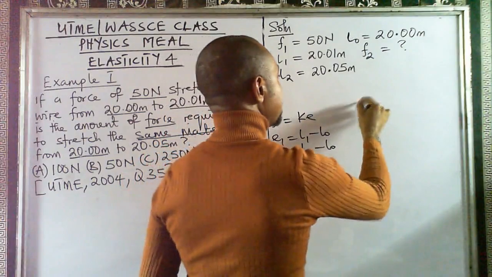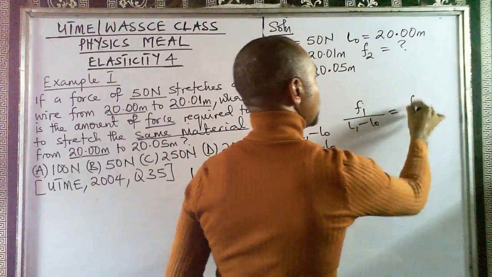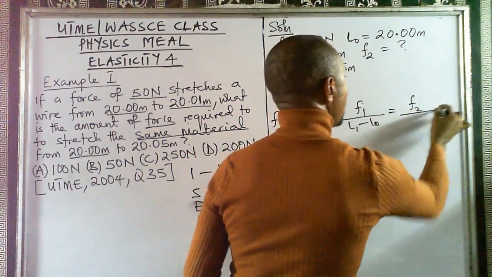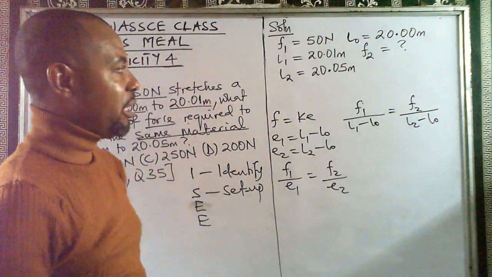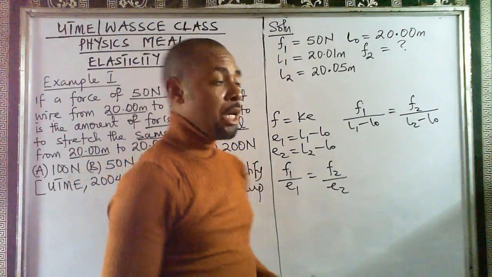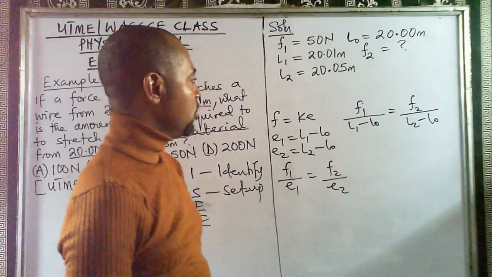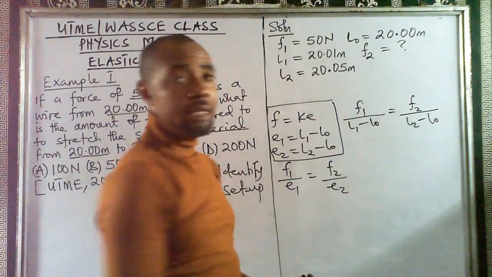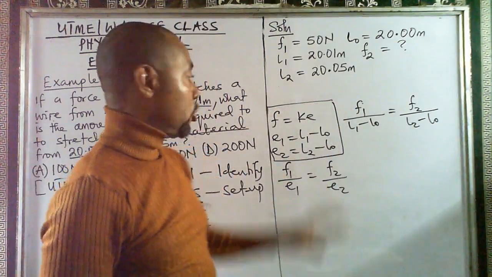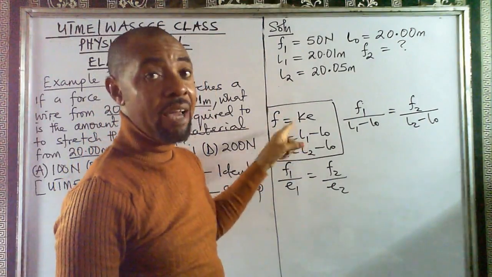And then we also say that F1 over L1 minus L0 is equal to F2 over what? L2 minus L0. About 5 equations that we generated in our previous videos for solving problems in Hooke's law. So if you notice, these first 3 will not be relevant for us because we don't have F2. If we are going to use them, it's not to find F2 directly.